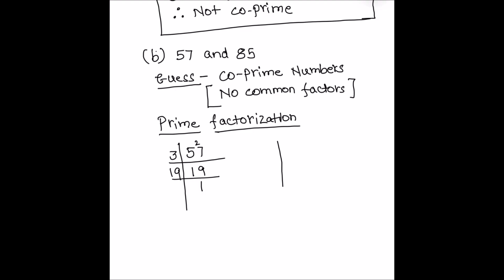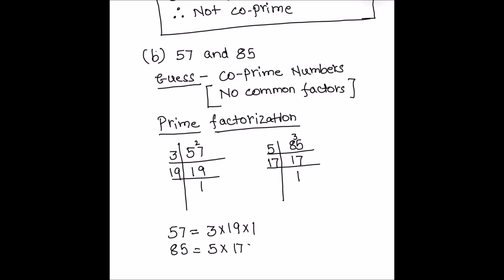And next we have 85. It is divisible by 5, 5 times 1 is 5, 3 is remainder, this becomes 35, 5 times 7 is 35, so this is 17, 17 times 1 is 17, because 17 is a prime number. The factors of 57 are 3 times 19 times 1, and 85 is 5 times 17 times 1.